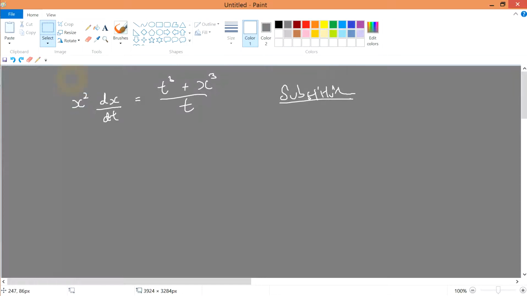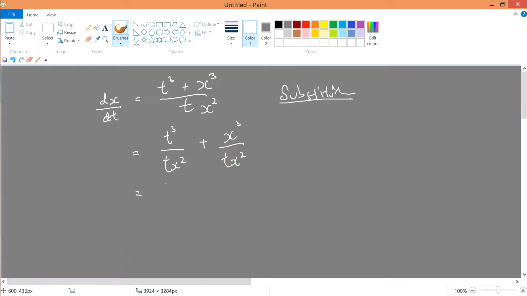I'll just bring it all the way down here, meaning I'm just dividing everything by x squared. If we cancel out, I have t cubed over tx squared plus x cubed over tx squared.